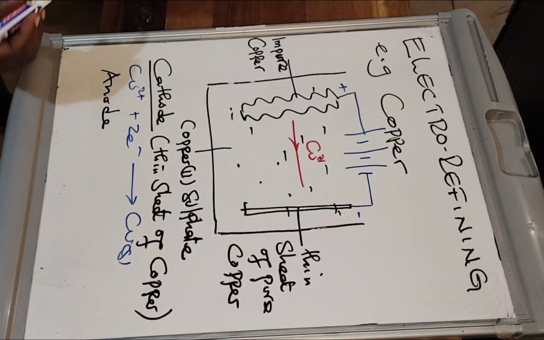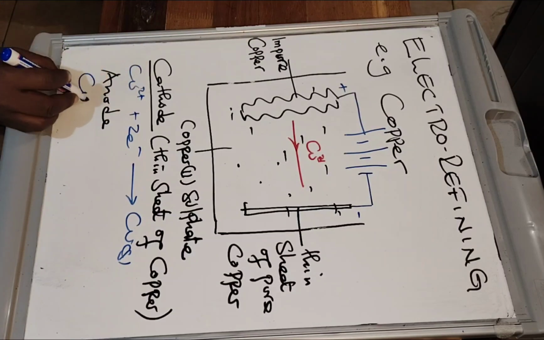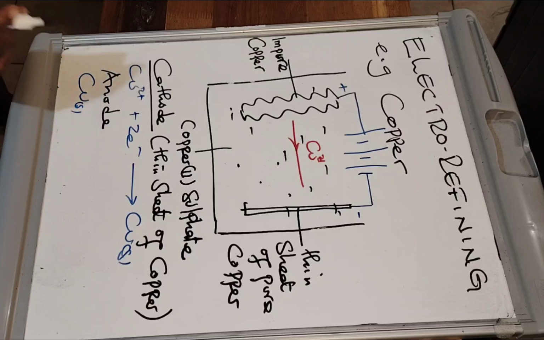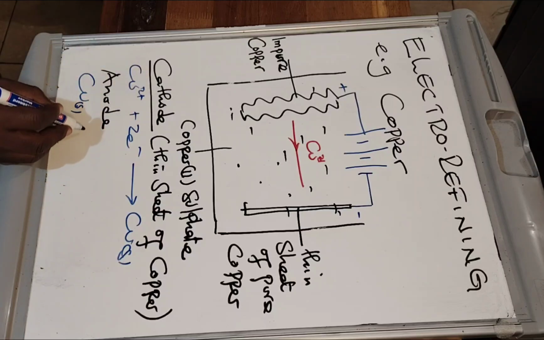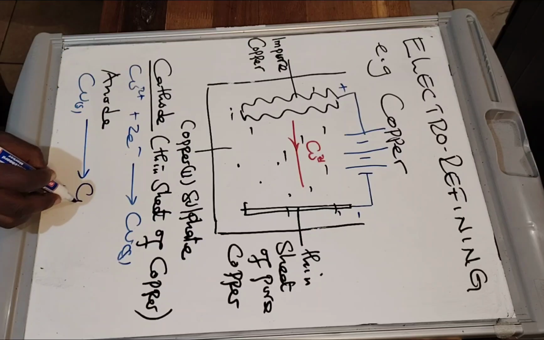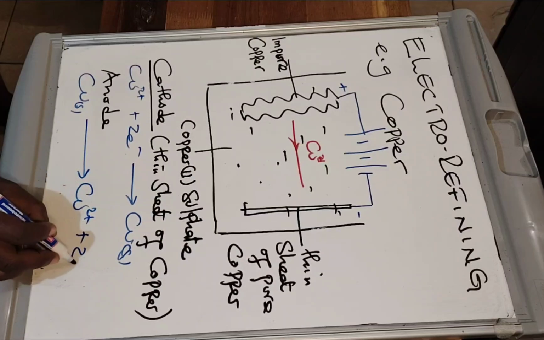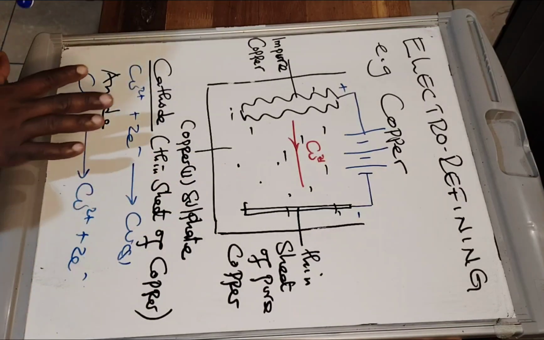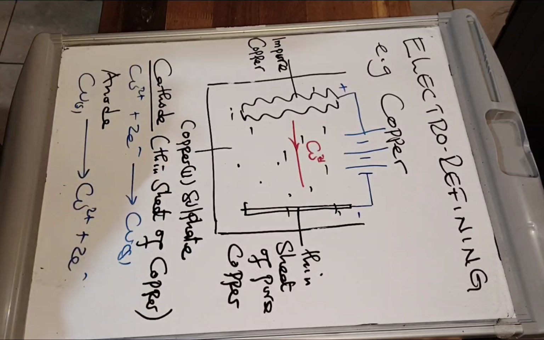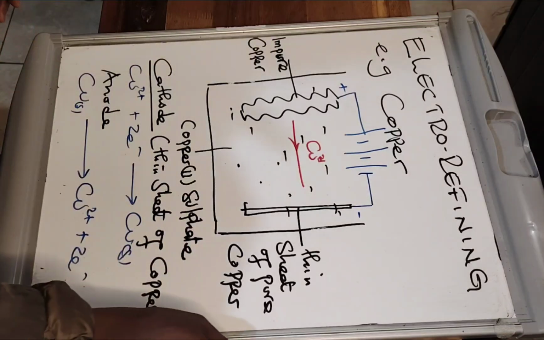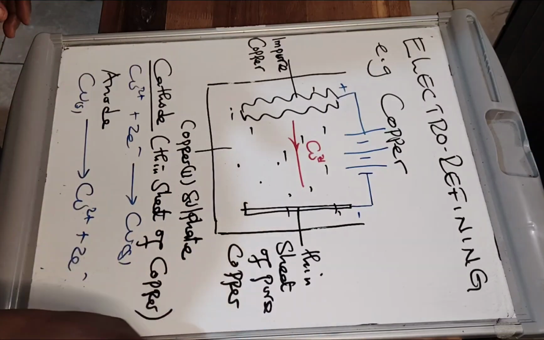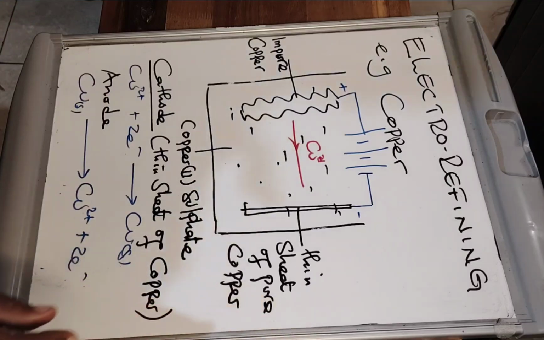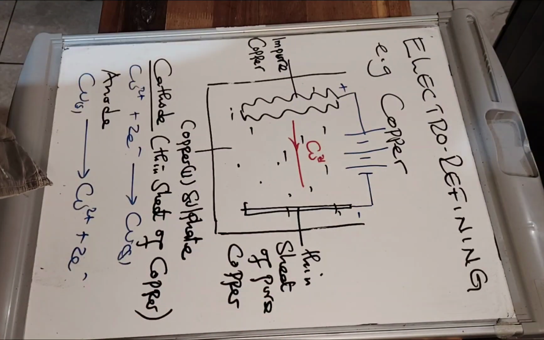So what happens is that the copper anode, but only the pure part of it, becomes oxidized, losing those 2 electrons. So these are the 2 reactions which take place. And these reactions resemble something we saw somewhere. Okay, let us see what happens.